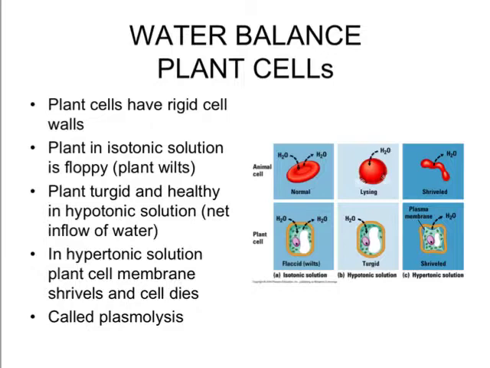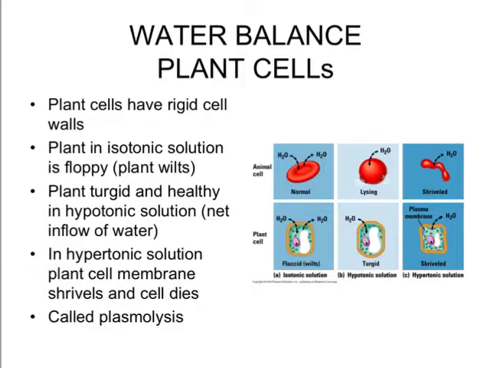If it's in a hypotonic solution, where they have a net water inflow, it's actually going to keep the cell real turgid and stiff and healthy in a sense, because that plant cell wall is going to hold it in place, and it's not going to be too flimsy, and it won't really allow it to burst.